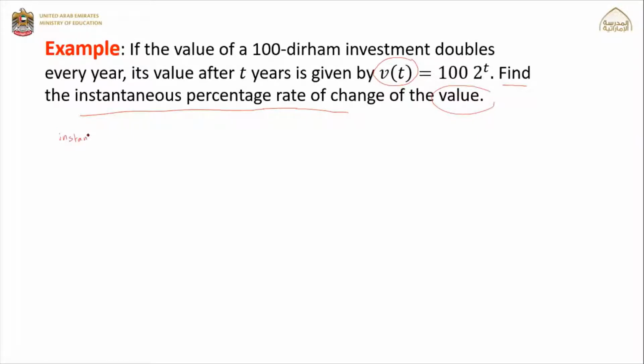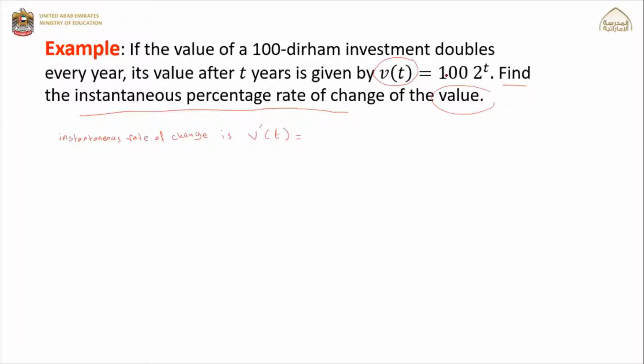The instantaneous rate of change is V prime of t, which is the derivative of V(t).